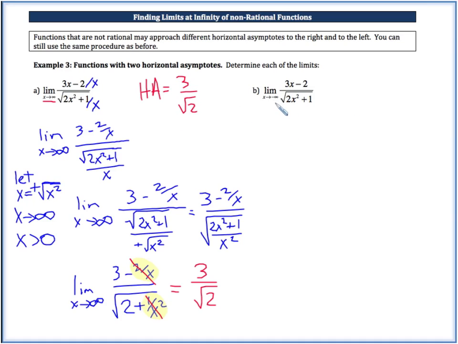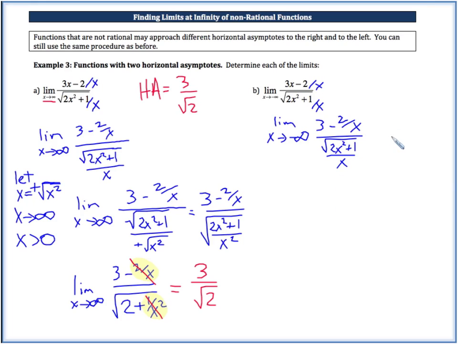In our second example, now we're going to negative infinity. So we still do the same process where we divide by x. We still have this guy right here, but we're going to negative infinity now, and this is 3 minus 2 over x over the square root of 2x squared plus 1 over x.